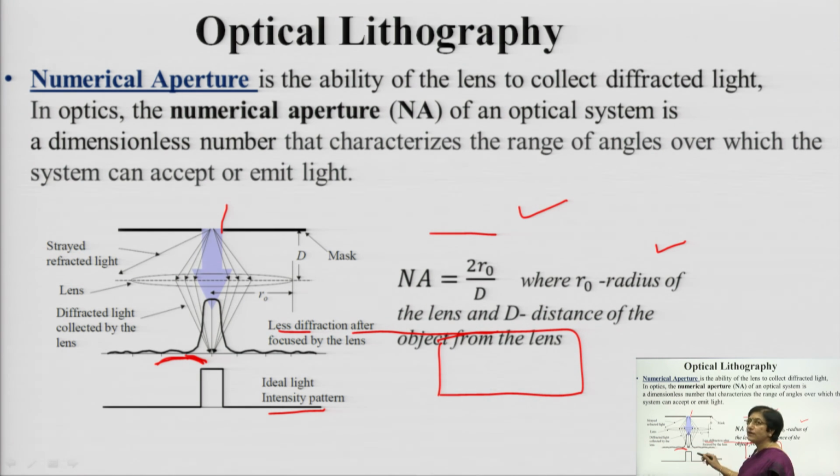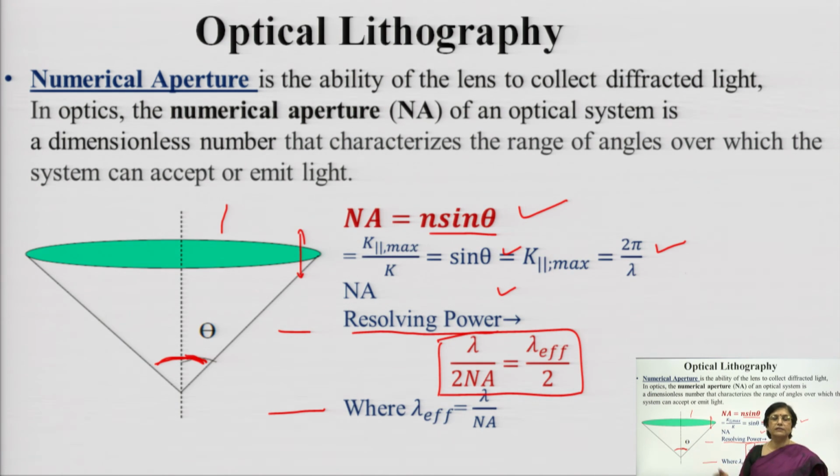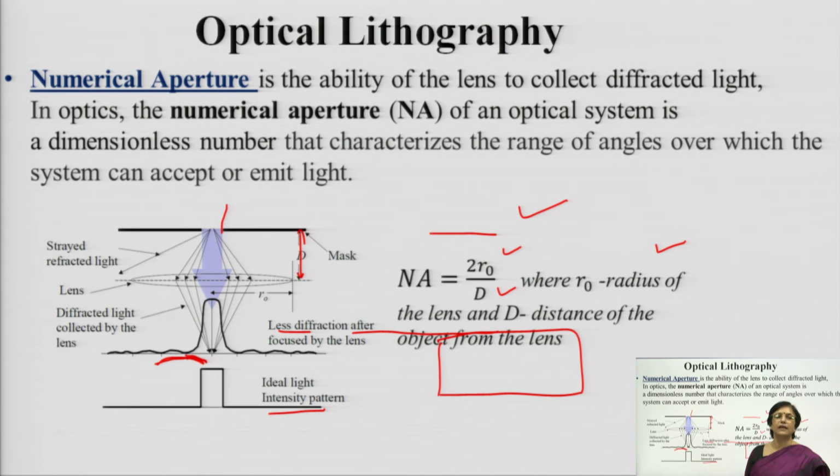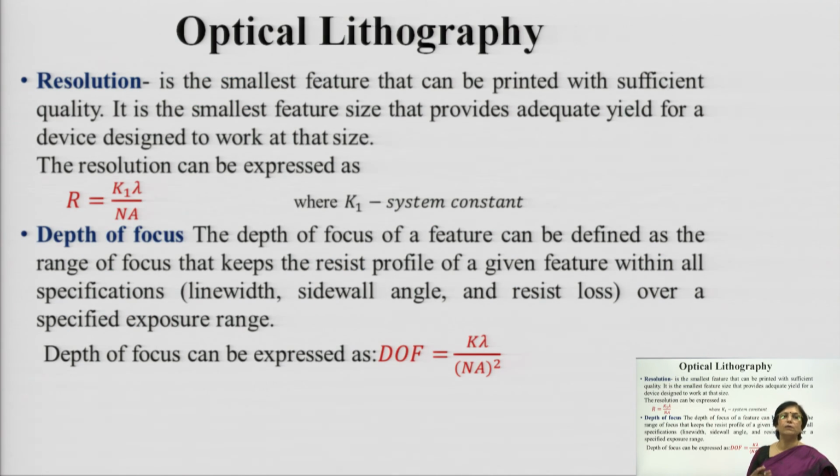So, this is also calculated by 2 r0 upon d, where r0 is the radius of the lens, and d is the distance between the object and the lens. So, this is also one way of calculating it. Another way is considering the angle, where you have numerical aperture calculated as n sin theta. So, these are the two ways in which you decide the angle over which you can carry out the process of lithography effectively.